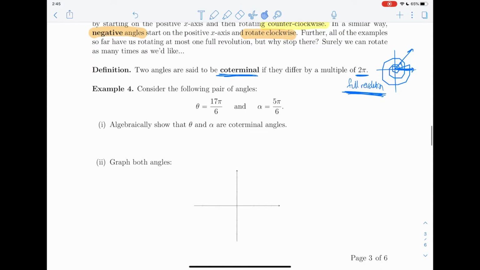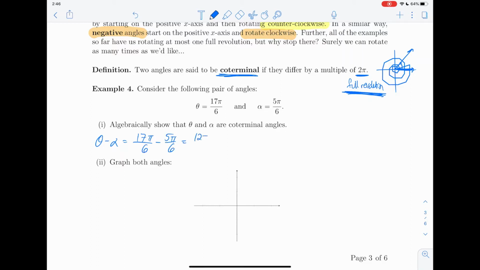Here we have two angles, 17 pi over 6 and 5 pi over 6. For starters, I'm going to show that algebraically these are the same angles. What that means is that they have to differ by a multiple of 2 pi. So if I take, for example, theta minus alpha, that's 17 pi over 6 minus 5 pi over 6.